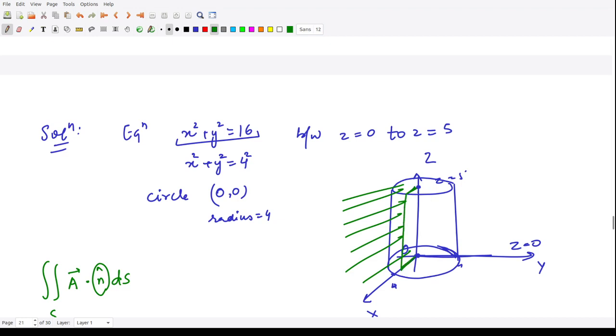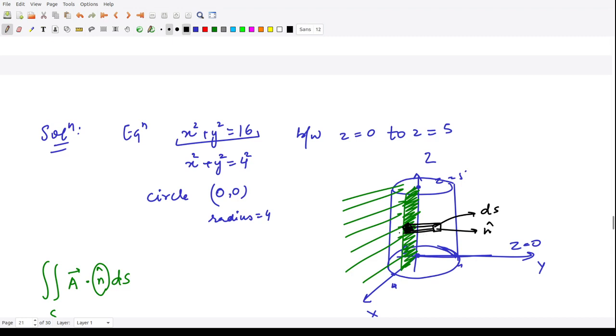So this is your plane here, and when you take the projection of this cylinder, suppose this is some portion on this cylinder having ds magnitude and the unit vector perpendicular here is the n vector. So when you take the projection of this part onto the plane, it would be like this. So this would be the projection.